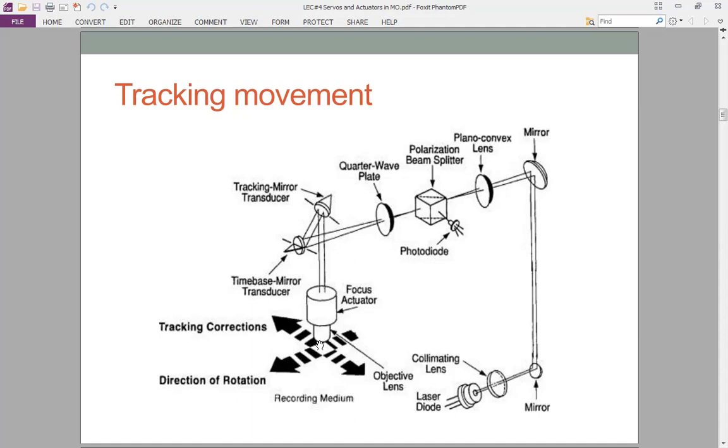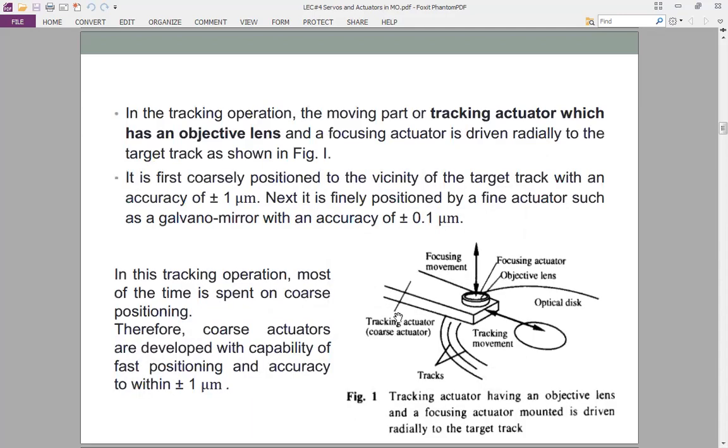But at this stage, I just want us to appreciate that you can see the focus actuator, which I've said monitors the up and down movement. And then we have a tracking actuator, which moves across different tracks to locate the correct track. So in the tracking operation, the moving part or the tracking actuator, which has an objective lens and a focusing actuator, is driven radially to the target track, right?